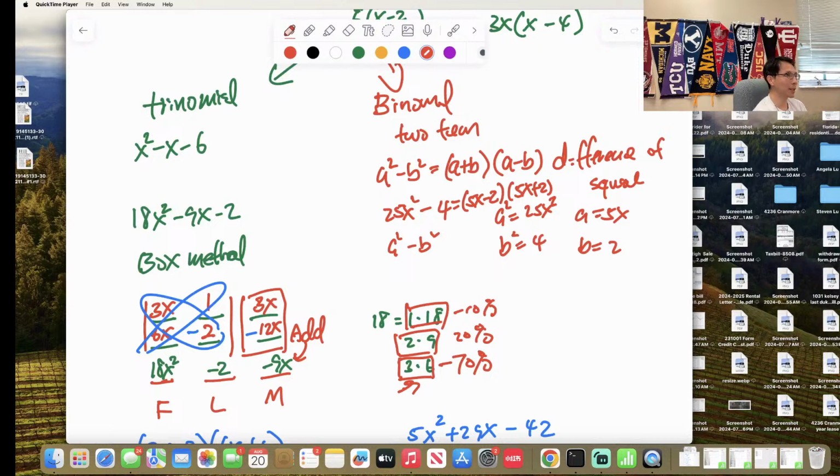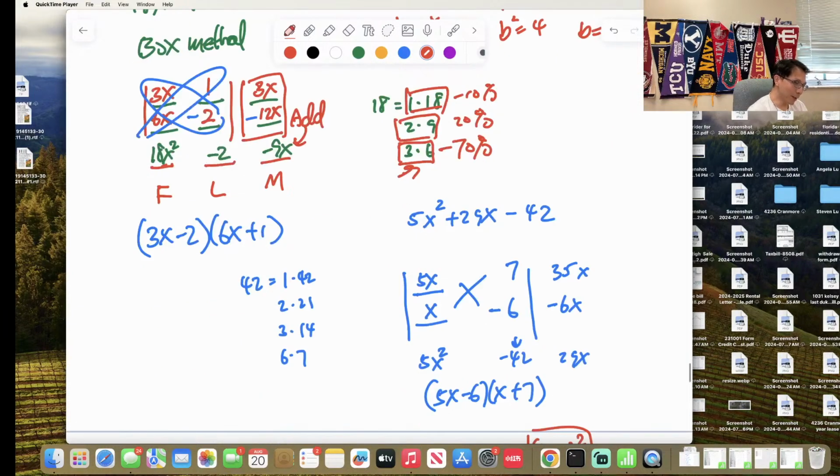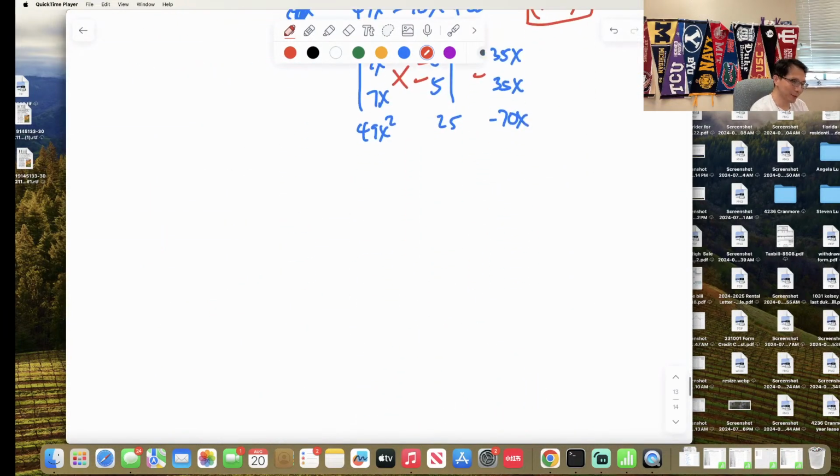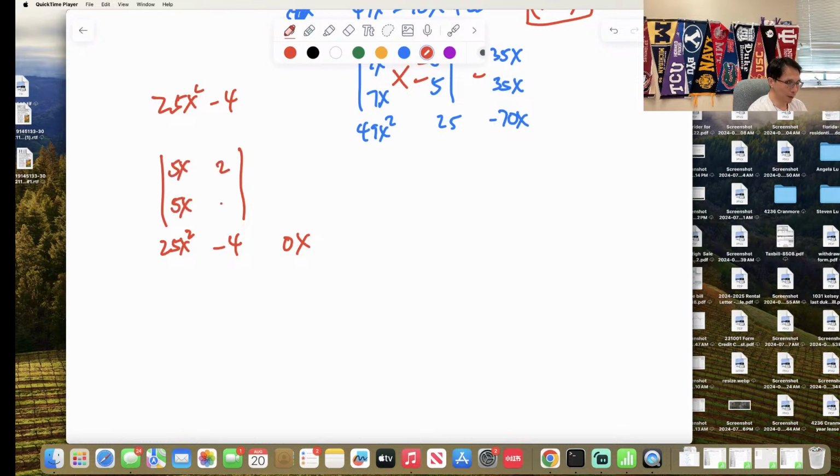Luckily, if you did forget this formula, the box method can take care of it for you. Surprisingly, the box method will work with difference of a square. Right? So if I have 25x squared minus 4, and if you did not remember the formula, you can put first and last because there was a 0x right in the middle. So guess what? 5x, 2, 2.